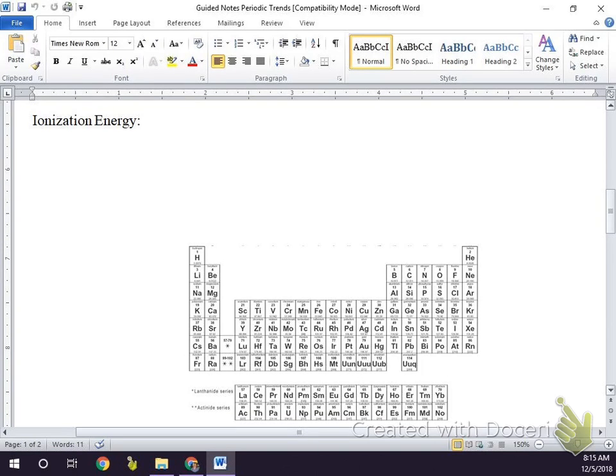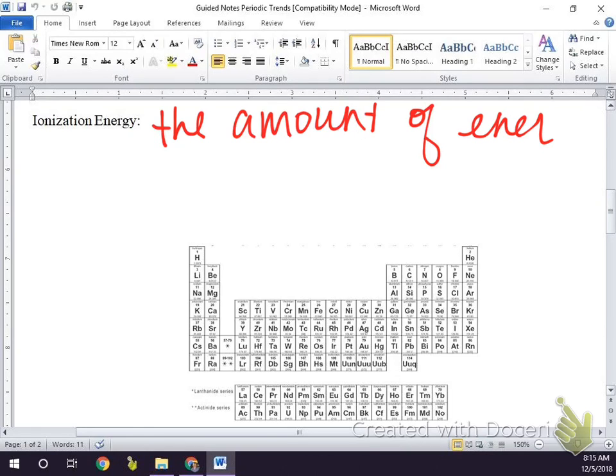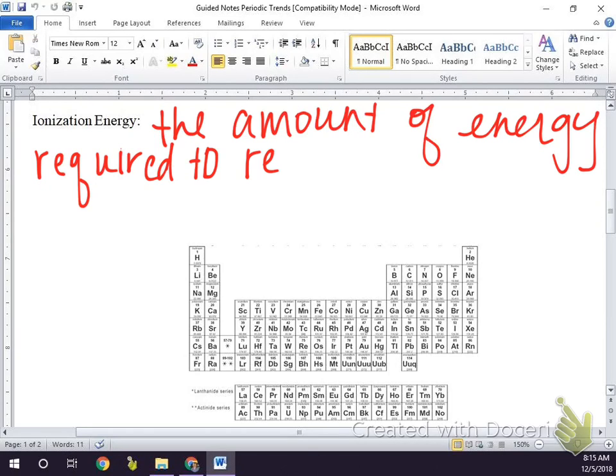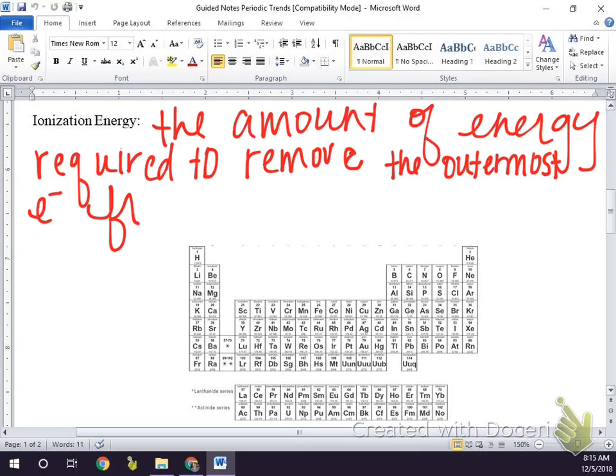Its definition is the amount of energy required to remove the outermost electron from a neutral atom.